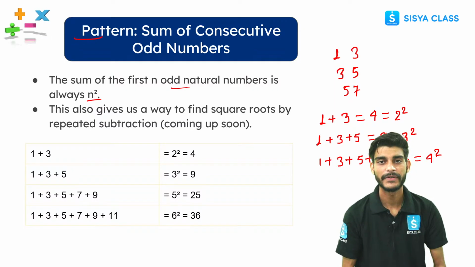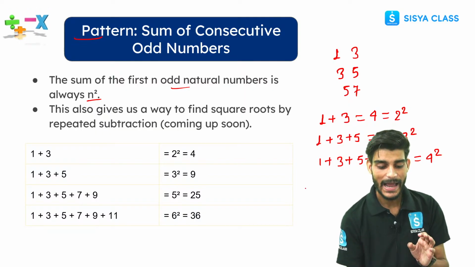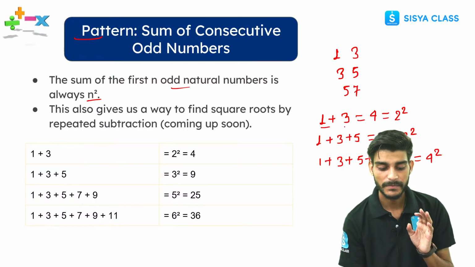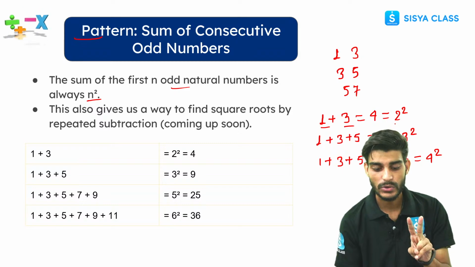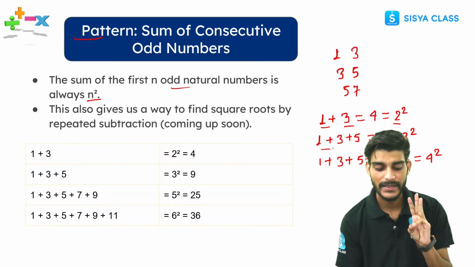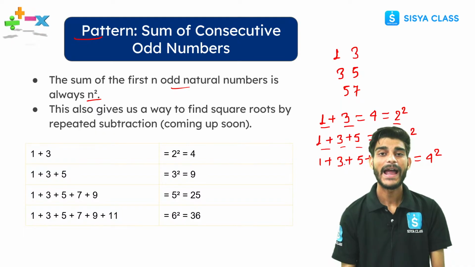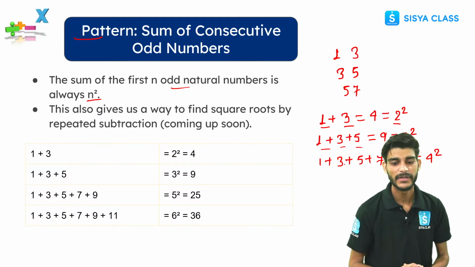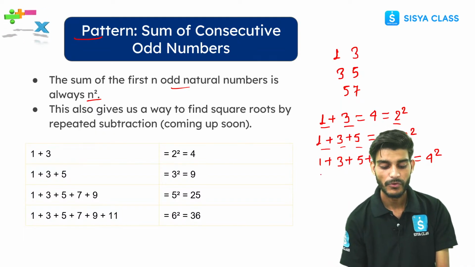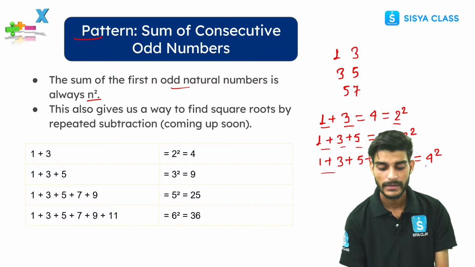Are you observing any pattern? When I add 2 consecutive odd numbers, it is 2 square. When I add 3 consecutive odd numbers, it is 3 square. And if I add 4 consecutive odd numbers, it is 4 square. Clear?